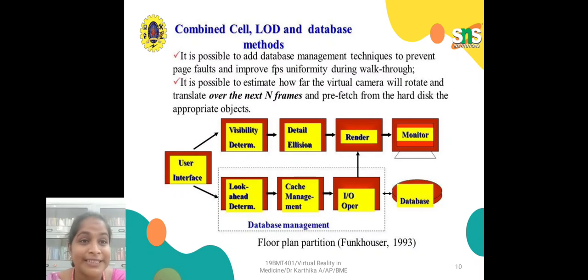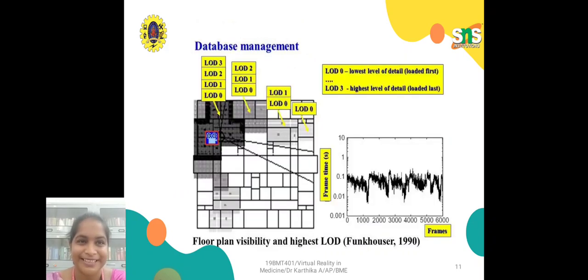The second element is detail elision, and the next one is cache management. In the upper side we have render and input output operations, and lastly we have the monitor and the database. With the help of database management techniques, we can prevent page faults, which gives a smooth virtual reality environment at the user side.